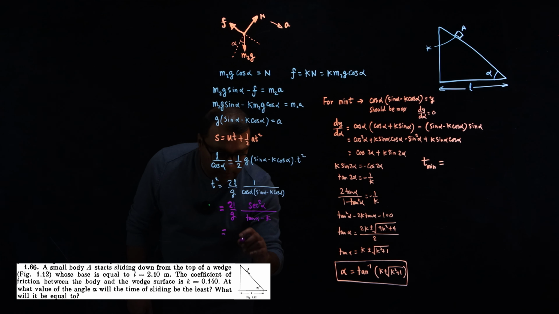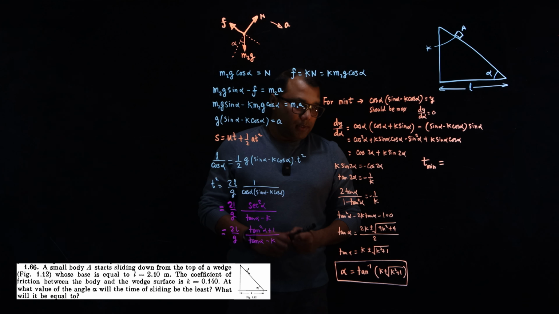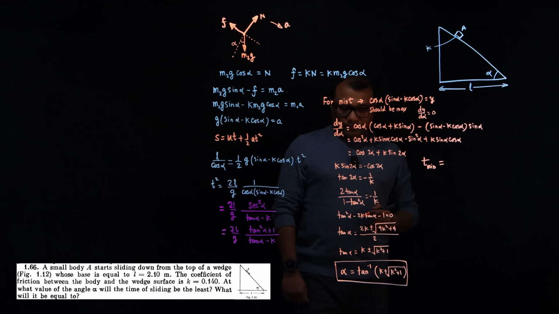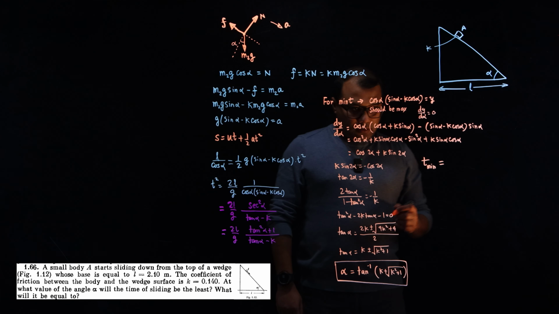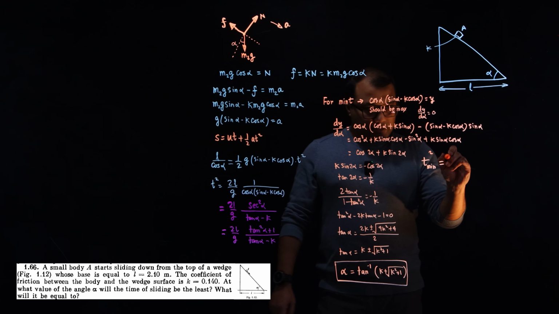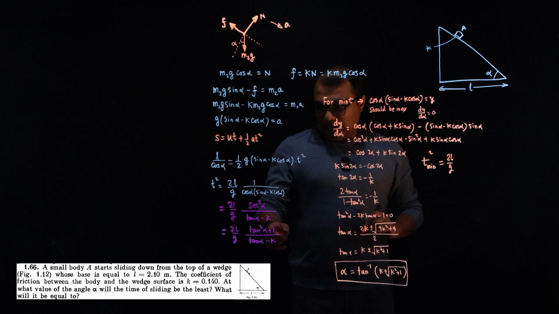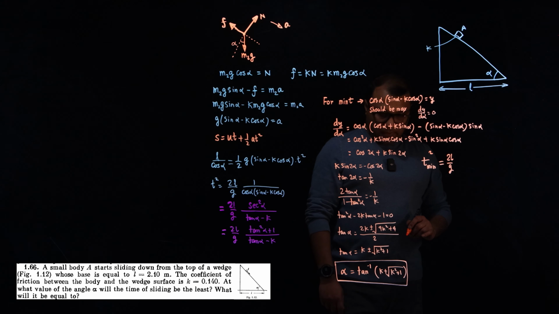And sec square alpha we can write as tan square alpha plus 1, over tan alpha minus k. So T min square, let's write that as 2L by g times tan square alpha plus 1 over tan alpha minus k.